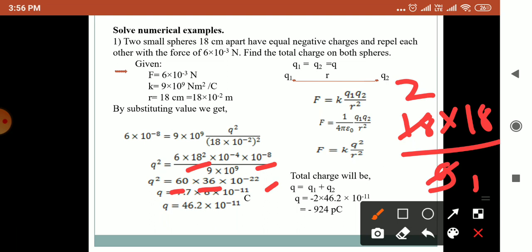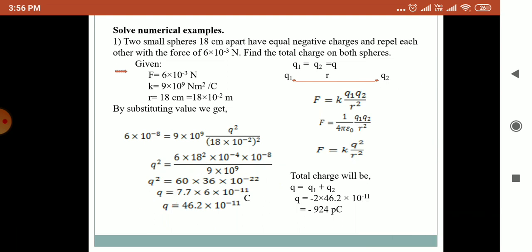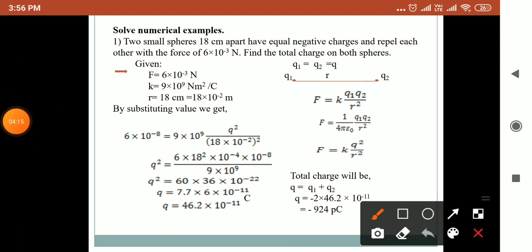So 60 into 36 into 10 raised to minus 22. The square root of all this will give Q equal to 7.7 into 6 into 10 raised to minus 11. So now the charge Q is equal to 46.2 into 10 raised to minus 11 Coulomb. This will be one single charge.